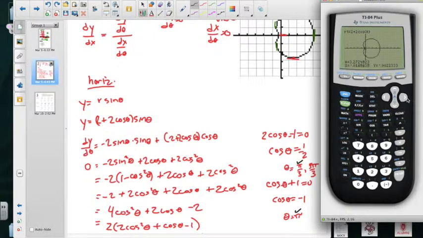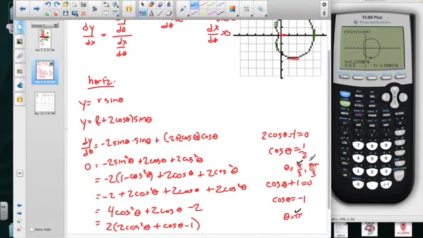So we got 25, 26, 27, up to 40. So there's our 40 pi over 24, which is our 5 pi over 3. So there's our 3 horizontal tangents.